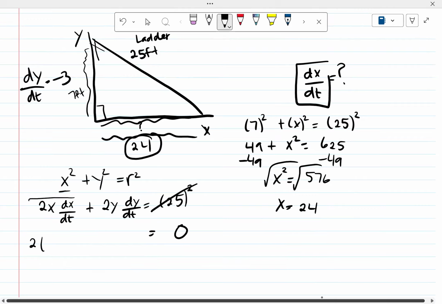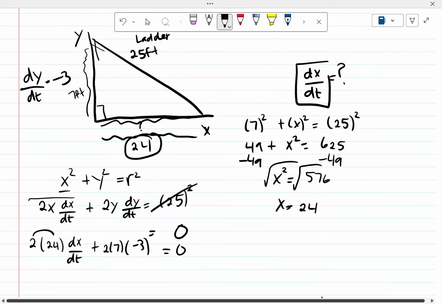Well, I know my x, we just found that that's 24. Do I know my speed dx dt? No, I don't. And then 2 times y times dy dt. Do we know my y? Yes, that was given, that was 7. Do I know my dy dt? Yes, that was given, that's -3. It equals 0.